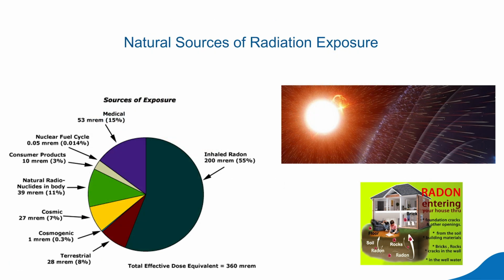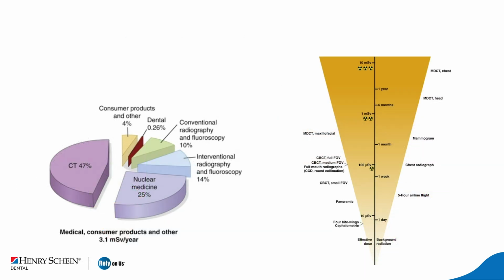So like I said, there are natural sources of radiation exposure. You see here on the slide that you have natural sources of exposure, and of course you have here medical sources. So we say that on average a year it's around 6.2 microsievert if you live in Colorado, because it's higher on the planet. You'll have a little bit more exposure, you're closer to the sun.